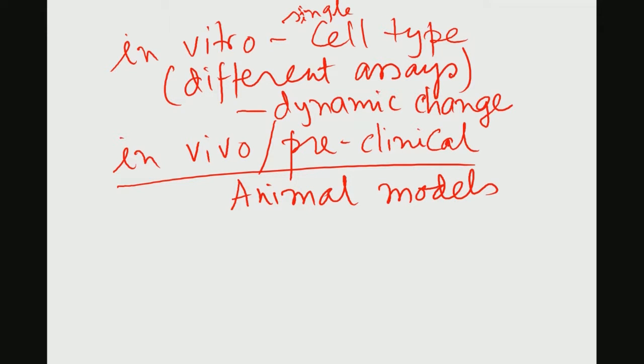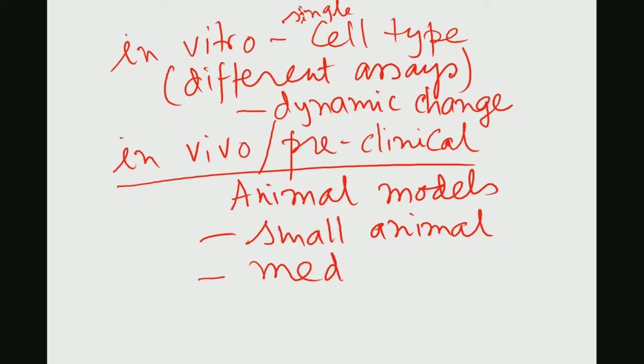in the physiological environment. And what I have emphasized while discussing the in vivo studies is that normally you have to start with small animal models, and small animal models are very good for toxicity study. Then you have to go to medium or large scale.